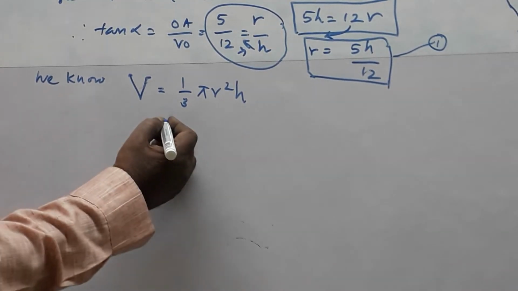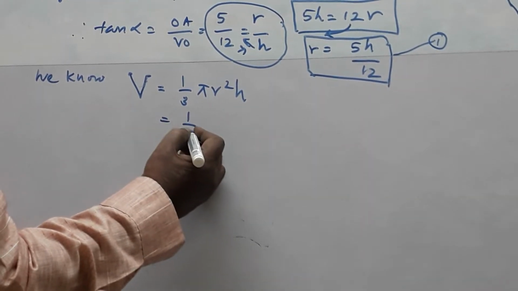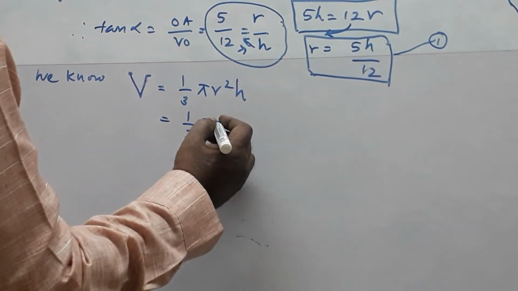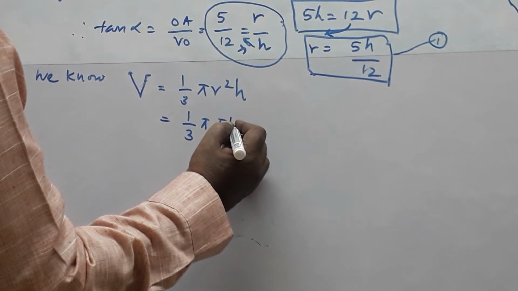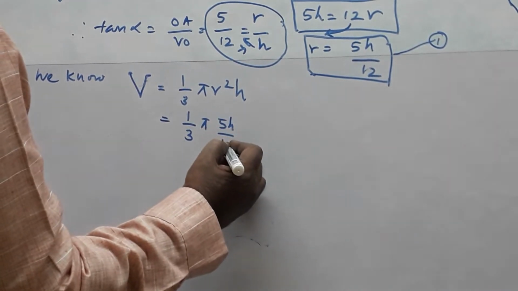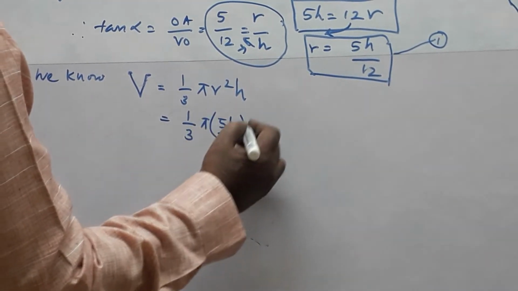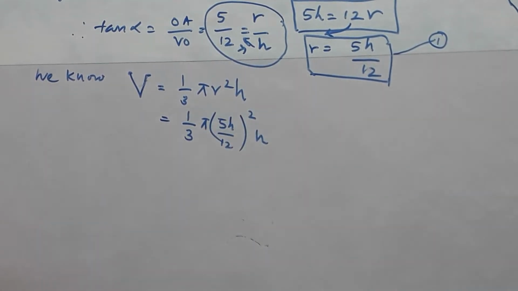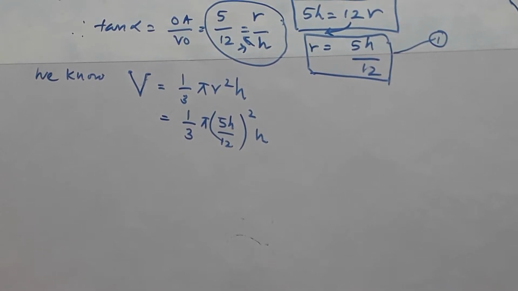We get 1 by 3 pi times r equal to 5h by 12, whole square, and the remaining h. Is it clear or any doubt? Clear. Okay.